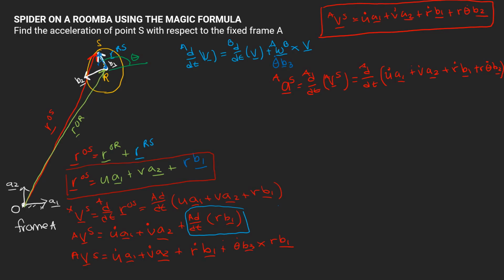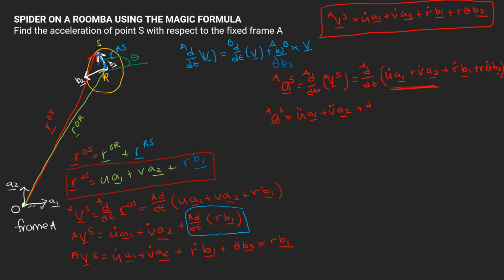First let's handle the easy terms. Taking the time derivative of these two terms that are already written in terms of the unit vectors of frame A is easy. So we just have u double dot a1 plus v double dot a2.